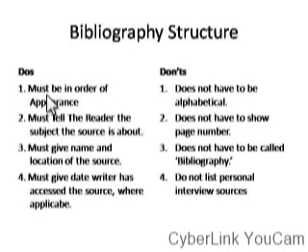The first rule about do's is that your bibliography must be in the order of appearance. What this means is that the way the reader comes across each source, that's the way it must be listed in the bibliography.